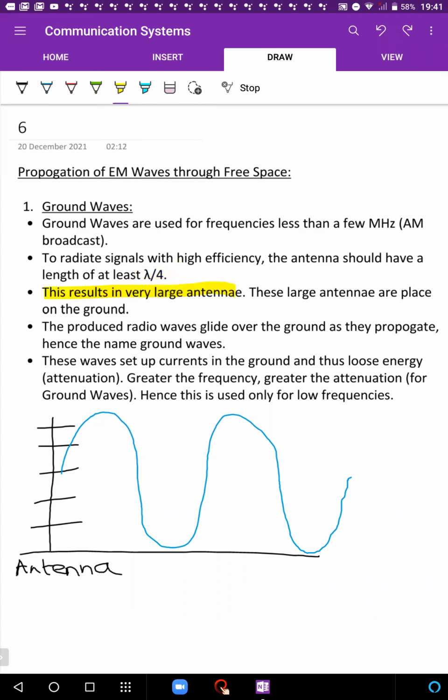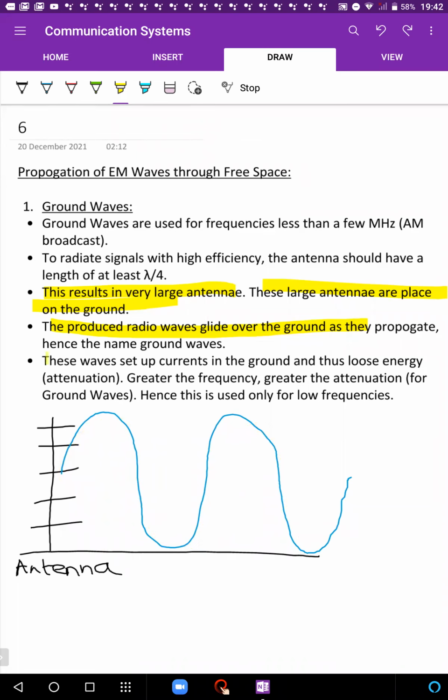This results in a very large antenna, and therefore these antennas are placed on the ground. If you ever see an AM wave tower, that tower itself is the antenna, one big antenna placed on the floor. The radio waves it produces glide over the ground as they propagate, hence the name ground waves.